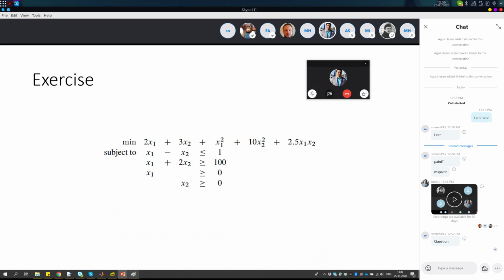Yes, that's true. And then how about the C matrix? It's 2 and 3. Yeah, it's from here. And then how about A? A is 1, minus 1, minus 1, minus 2. Yes, that's true. Because I've shifted it to the inequality to less than or equal to 100. Yeah, that's true. B is 1 and minus 100.